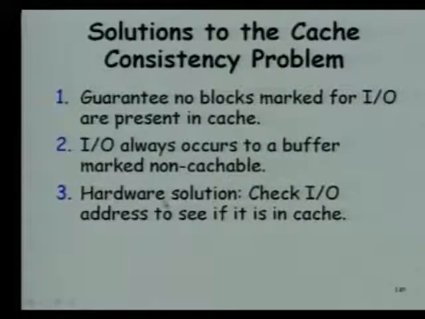The third technique is a hardware solution. It will check the I/O address to see if it is in the cache. If it is in the cache, then it will be marked invalid. So, many computers use some of these three solutions. Does that appear all right?